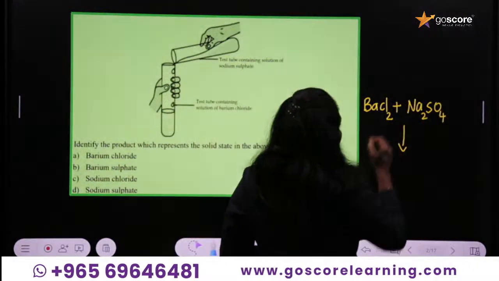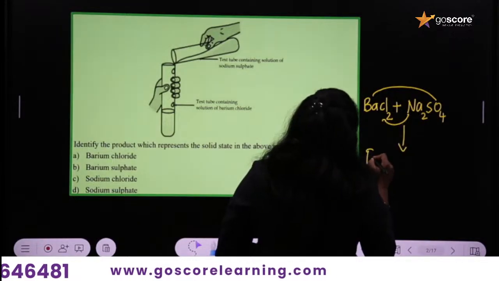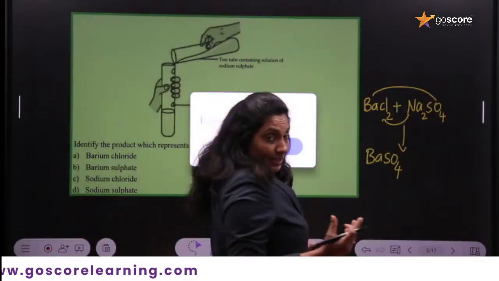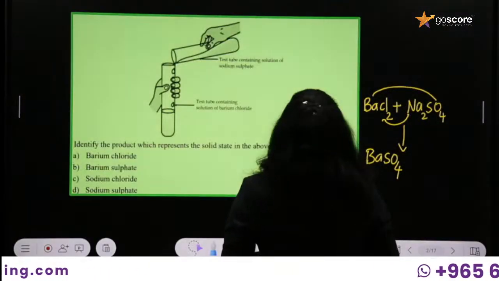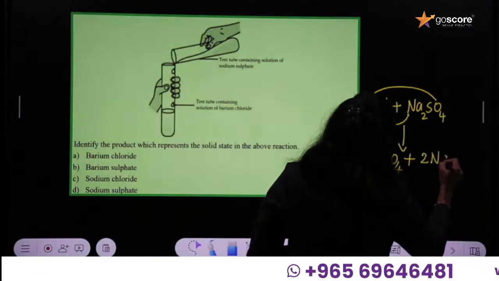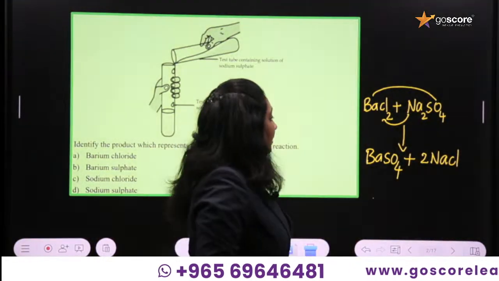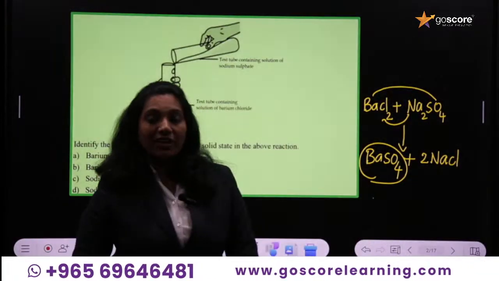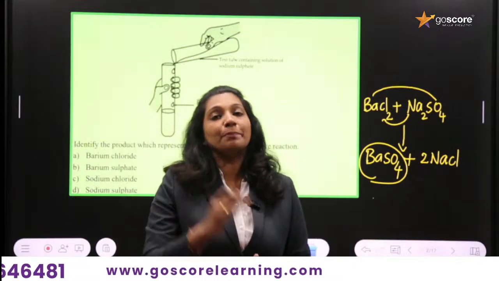So double displacement means your product is barium sulfate, which will be precipitated, plus 2 molecules of sodium chloride will be forming there, right? So here the precipitate formed is barium sulfate and the type of reaction is double displacement or precipitation reaction.